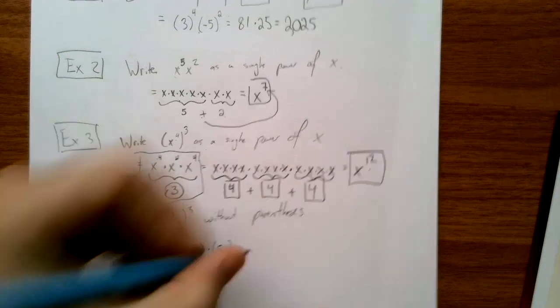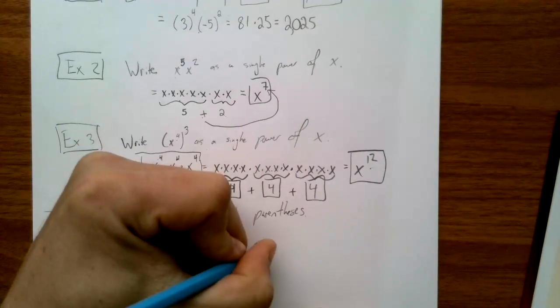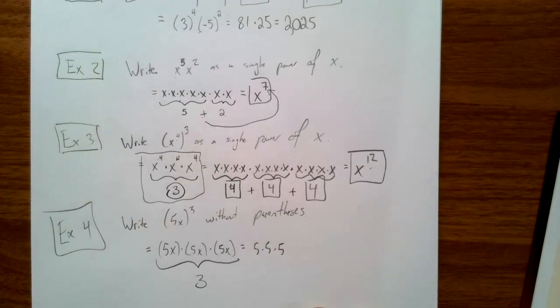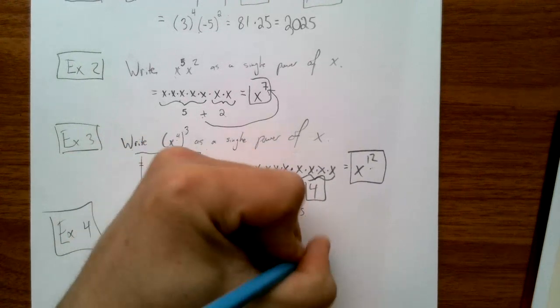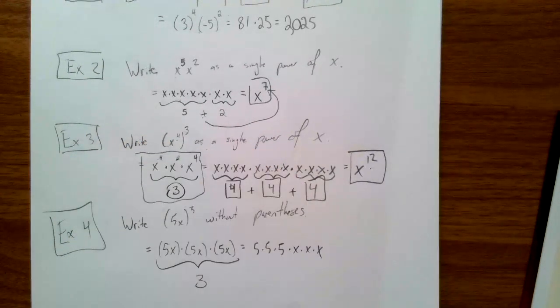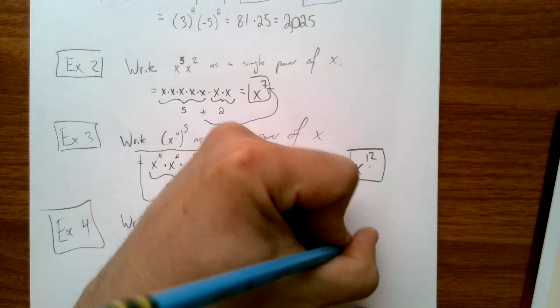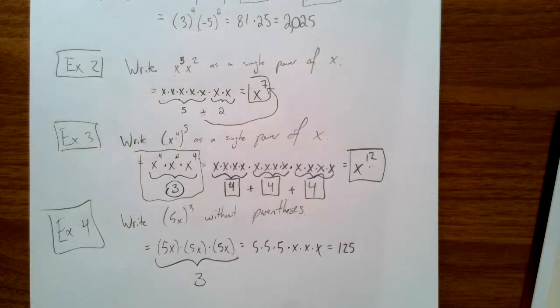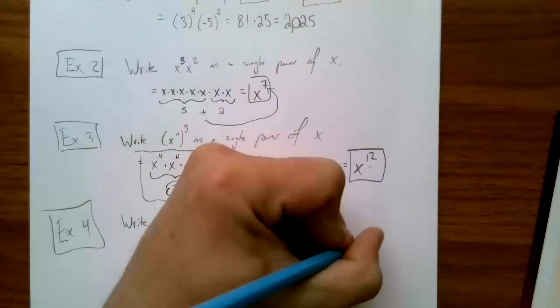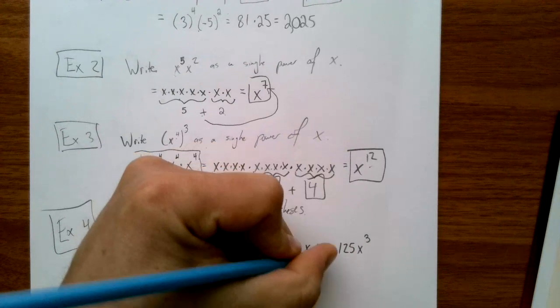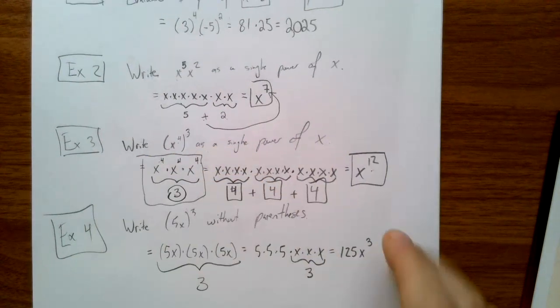Now if we take the parentheses away, what we have is 5 times 5 times 5, and then x times x times x. We're able to reorder this because it's all multiplication. And then what we'll do to finish things off is 5 to the 3rd power, or 5 times 5 times 5, is 125, and then we have 3 factors of x, so we're writing this as x to the 3rd power.